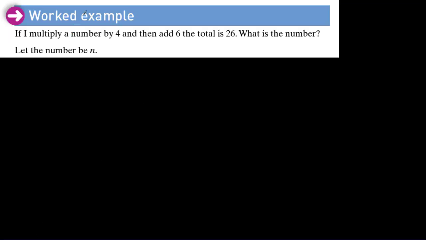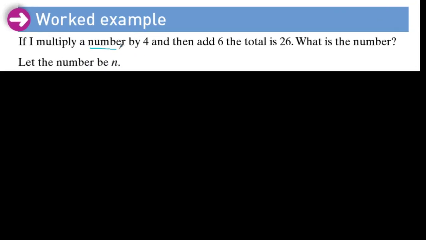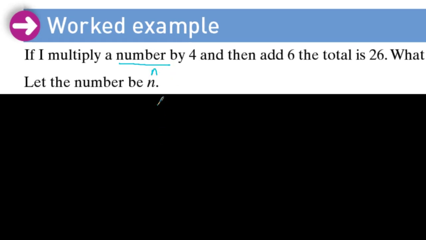Okay, and this is the last example, and we are going to continue with the text questions. If I multiply a number, let's say this number is x, by 4 and then add 6, the total is 26. Let the number be n. Then 4 times n, because when you multiply n by 4, it's going to be 4n.